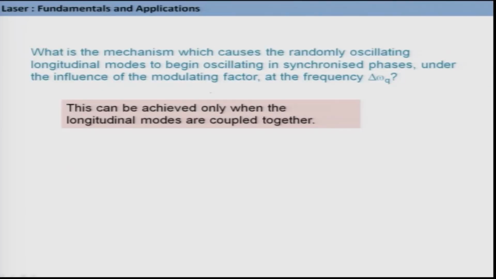We can achieve this condition, that is phase locked modes, only when we have these modes in a coupled condition. If the modes are not coupled or correlated, then the result is chaos.